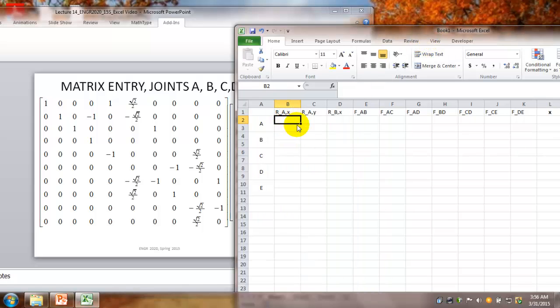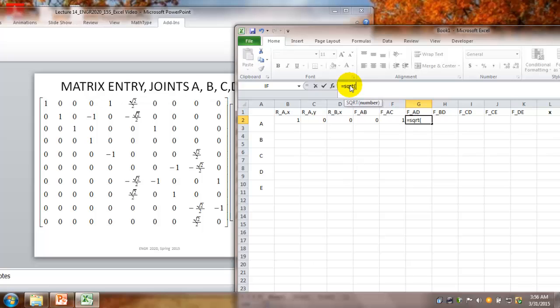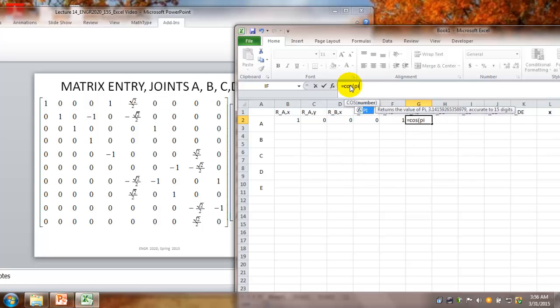So it is 1, then 1, 2, 3, 1 again. Square root of 2 over 2 can be written like this, or I can write cosine of 45, so it's cosine of pi over 4, cosine of pi over 4.